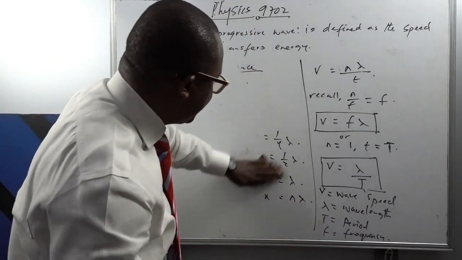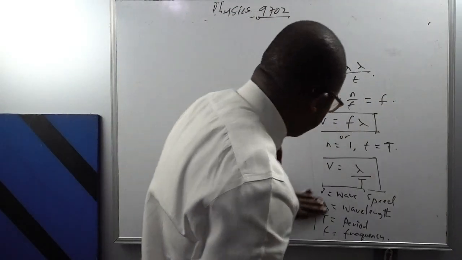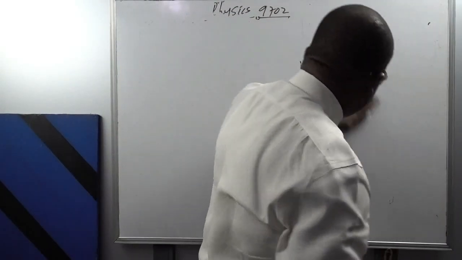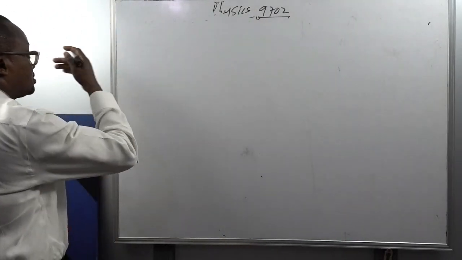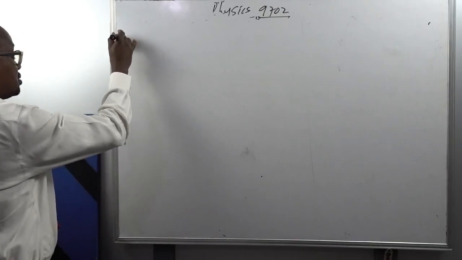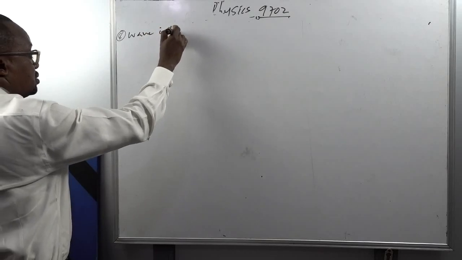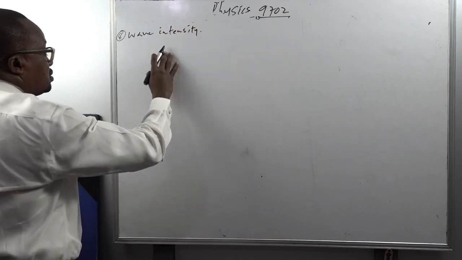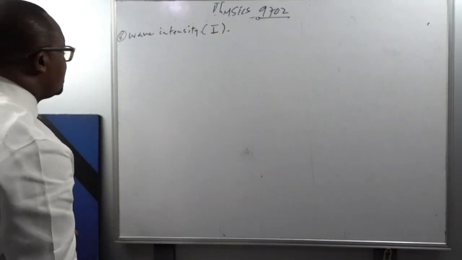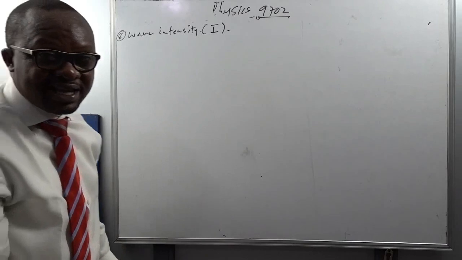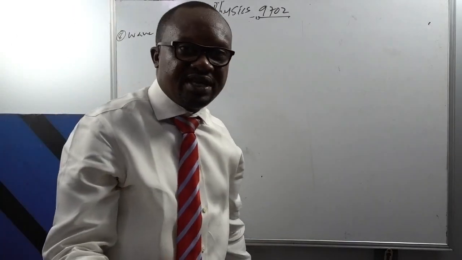So very quickly, let's look at wave intensity. The symbol for wave intensity is I. Intensity is defined as the energy transmitted or energy transferred per unit time per unit area.